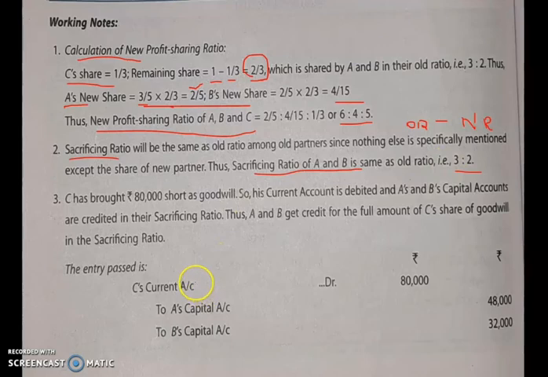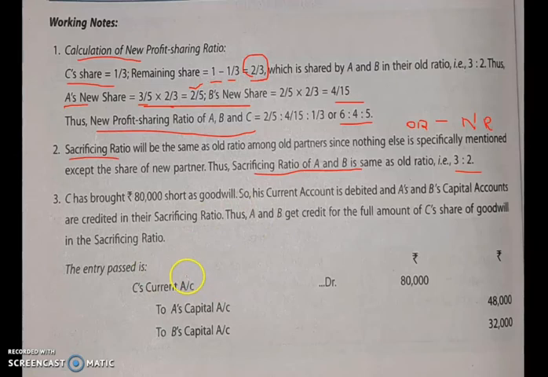Now the important part related to this is, you have to distribute this goodwill brought by C in their sacrificing ratio. But for that, it is given that some part of the goodwill is brought in cash and the other part he has not yet brought.